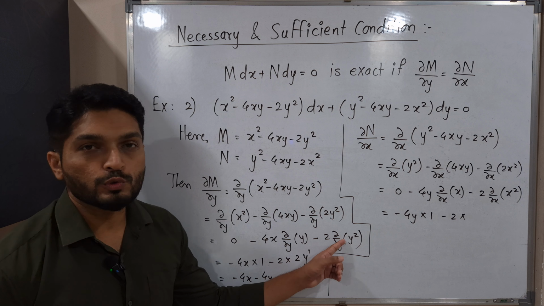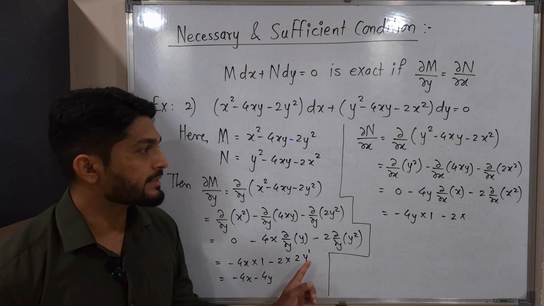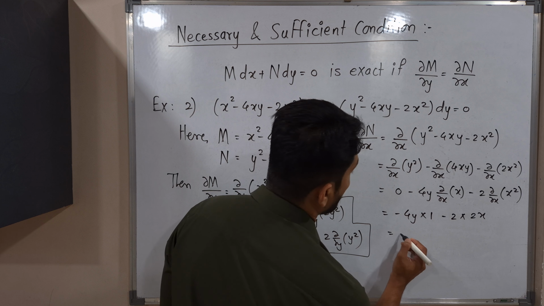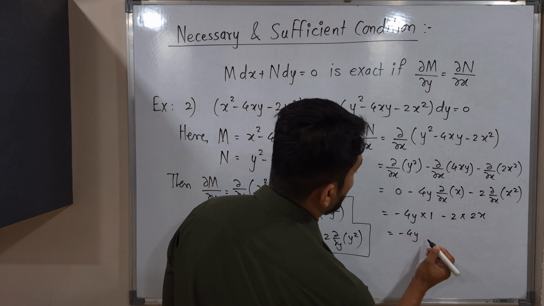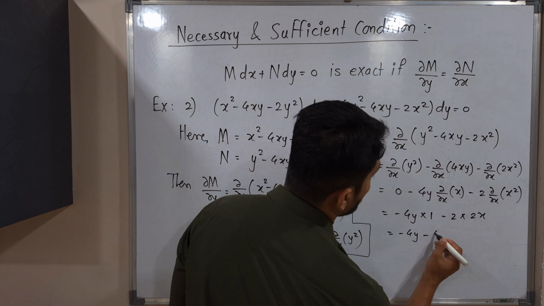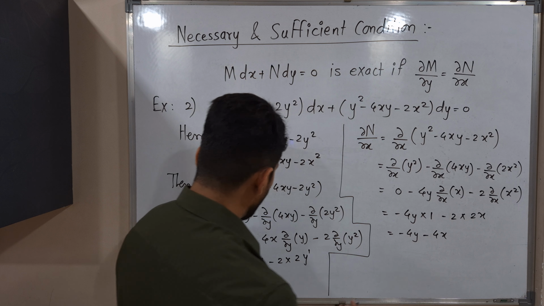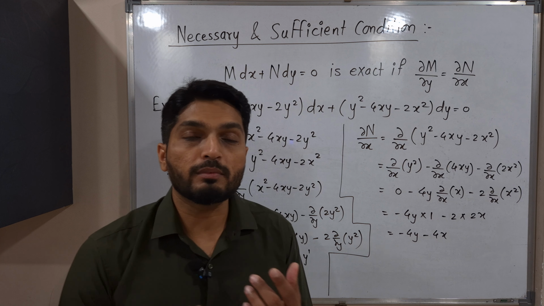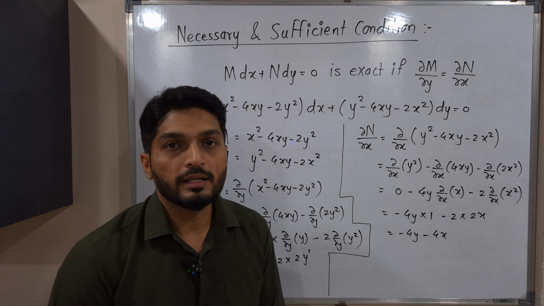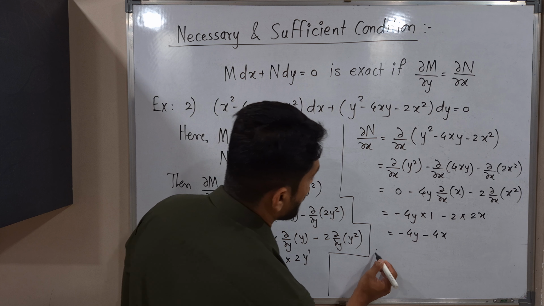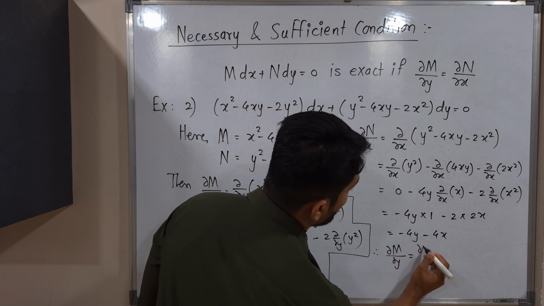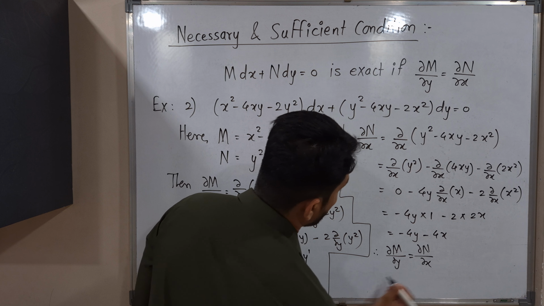Same formula I will use. What was the derivative of y square? 2y. Similarly, the derivative of x square is 2x here. So it will be minus 4y into 1, minus 4y, minus 2 into 2x, 4x. So here minus 4x minus 4y, minus 4y minus 4x, both of them are the same. So you can say this is an exact differential equation. Therefore, del M by del y is equal to del N by del x.